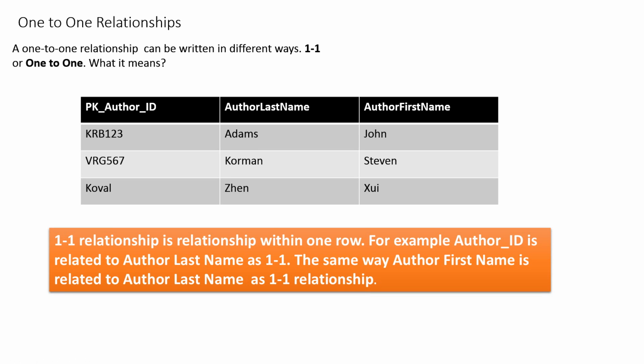It's a simple relationship. Now in my recording, and generally if you read a book, this relationship would be called 1-1 or 1-to-1, which means the same thing. So if you see 1-1 or 1-to-1, it means a relationship between items within one row.